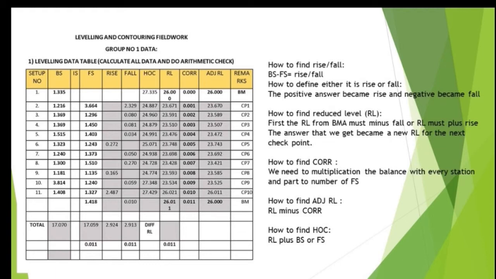To find the correction, we need to multiply the station number and the difference that we got just now, which is 0.011, then divide it by the number of 4 sides, which is 11. For example, the station number is 1, then we multiply it with 0.011 and divide it with 11, then we got the answer 0.001.